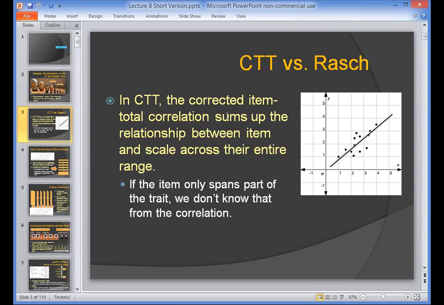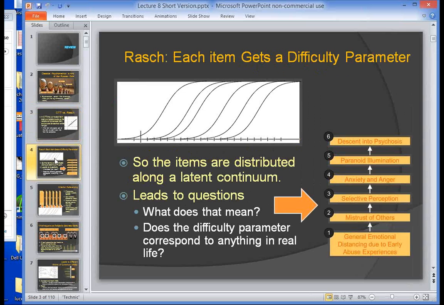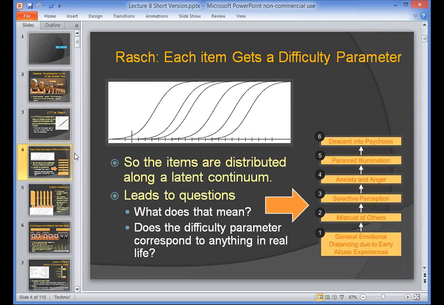And because it's simply a correlation, we really don't know, for example, where the lowest level of the item begins and where the highest level of the item stops. We simply know that the item and the scale covary. Okay? We know that the item spans part of the trait, but we don't know how much of the trait the item actually spans.